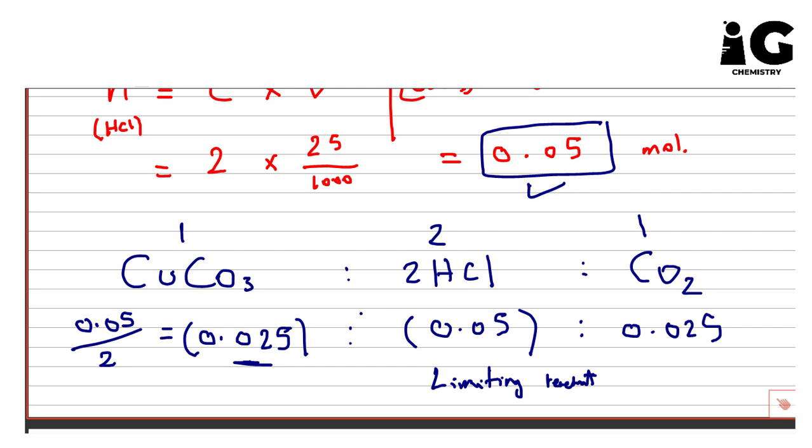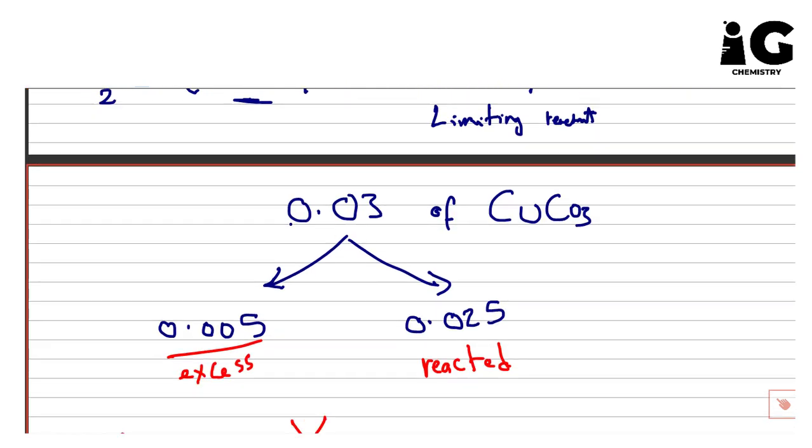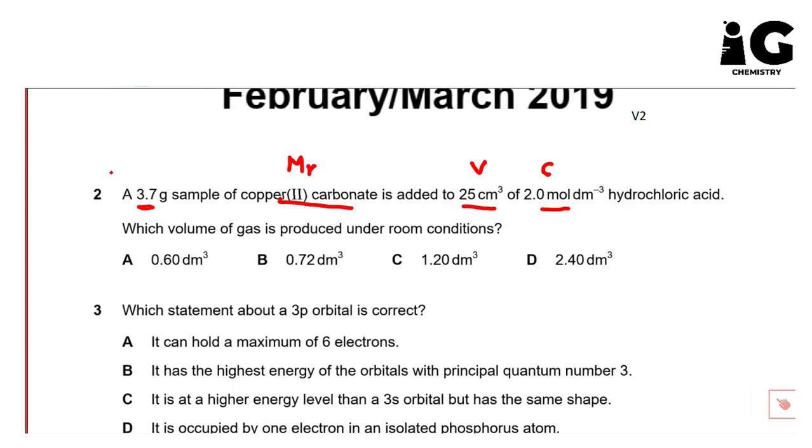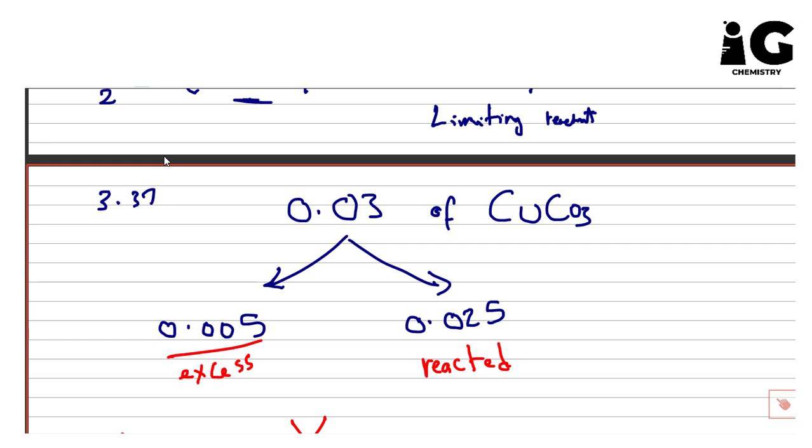If we come back again to the number of moles we calculated for copper carbonate from the mass given, which is 3.7 grams, this mass we converted to moles. So this is 0.03 moles of copper carbonate.